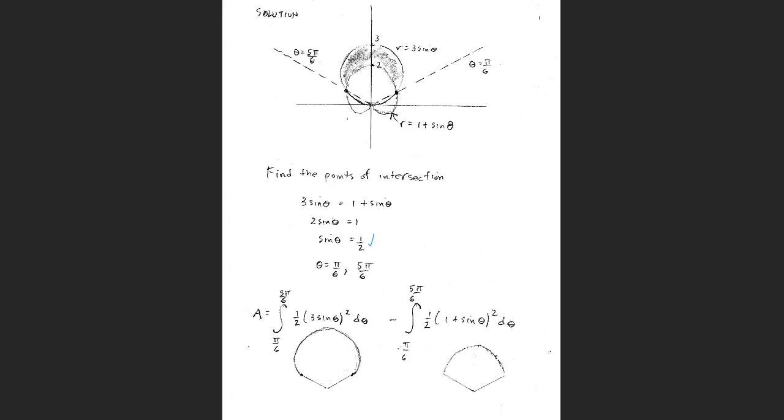If you think about your sine function, where is the sine positive? It's positive in the first and second quadrants. You should know offhand that the sine of 30 degrees is a half.